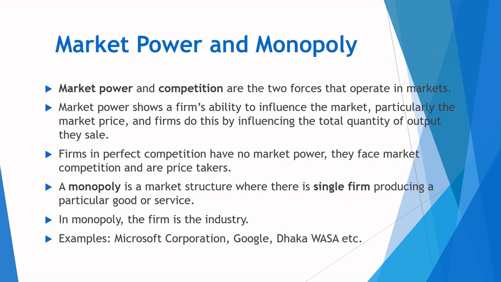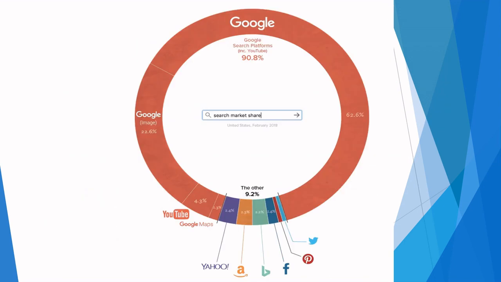Some examples of monopoly include the Microsoft Corporation, Google, Dhaka Wasa, etc. All these firms are monopolies. They have very strong market power. To give you an example about monopoly and market power, let's take the example of Google.